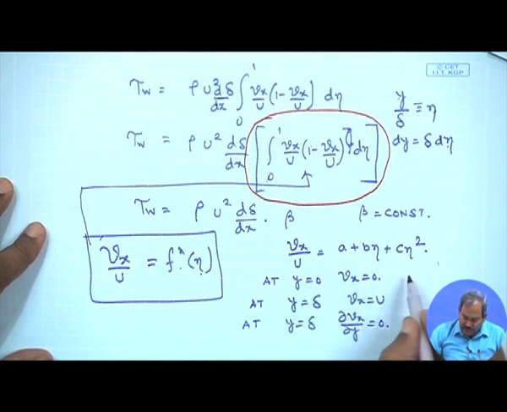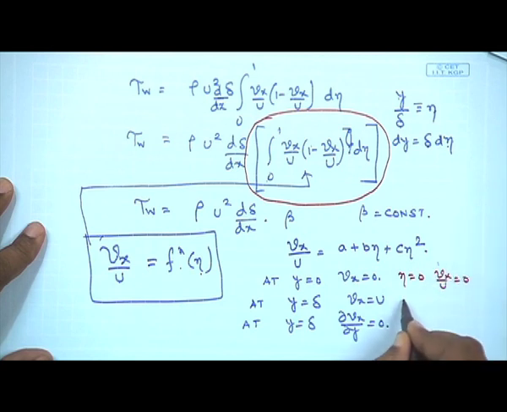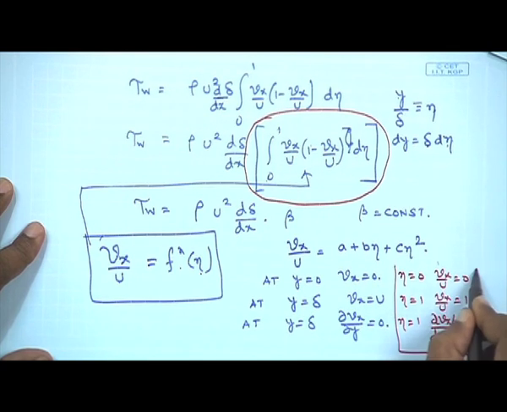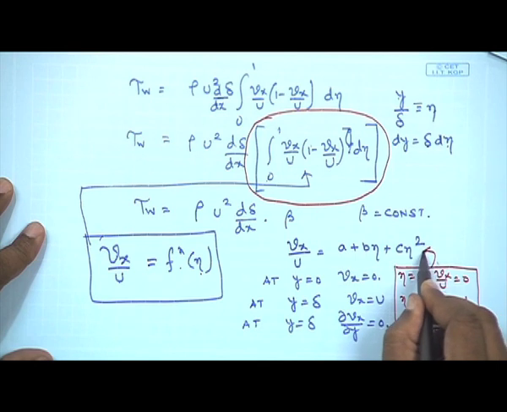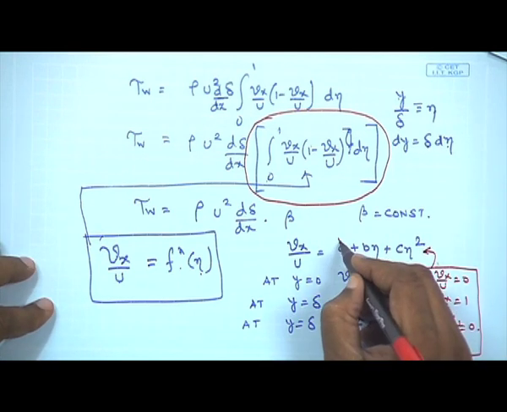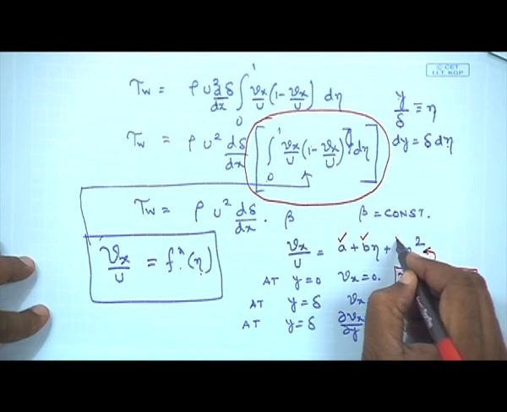You can convert them in terms of eta as well. At eta equals 0, Vx by u is equal to 0; at eta equals 1, Vx by u is equal to 1; and at eta equals 1, d of Vx by u by d eta is equal to 0. So, these are the conditions which are to be used with this equation to obtain the values of A, B and C.